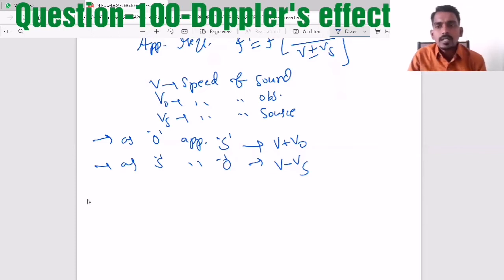This is the general formula for the apparent frequency received by an observer when there is a relative motion.